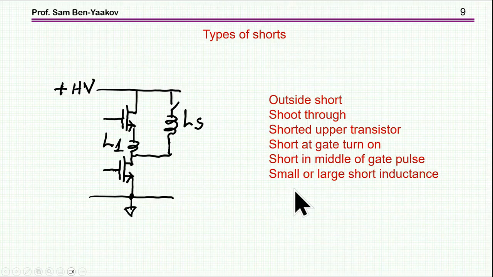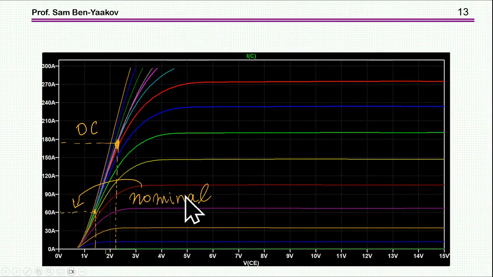And then we have to take into consideration that the inductance involved with the short is very important, that is the magnitude of the inductance. So suppose we have a certain transistor, and this will be, say, the nominal operating point, and I choose to limit the current to around, say, 180 amp. So in the nominal case, we are going to have 1.5 volt, and here we're going to have something like 2.3 volt.